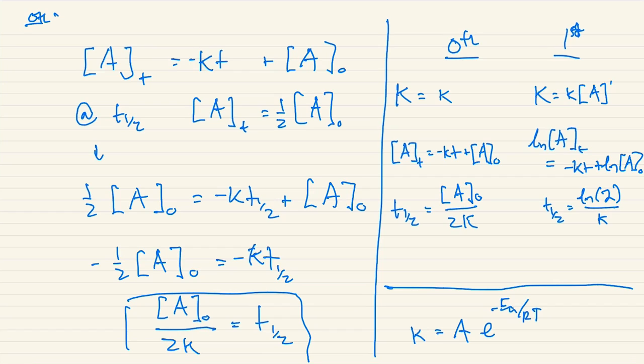What did A represent? It was the frequency factor, the number of attempts to approach the transition per unit time, is how we look at that. And then Ea was the activation energy, the energy barrier the reaction has to overcome for the reaction to happen.